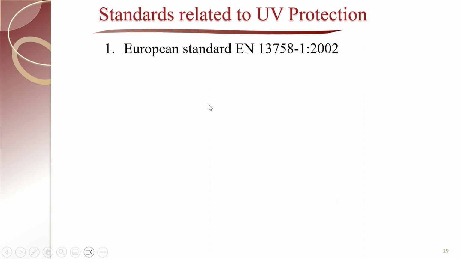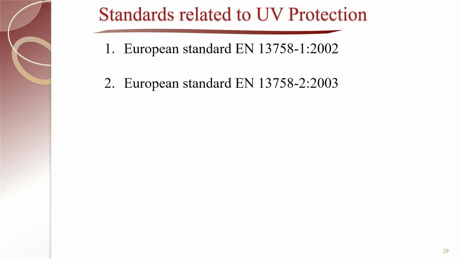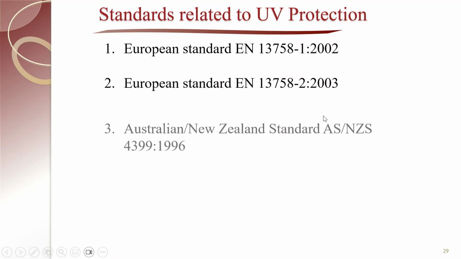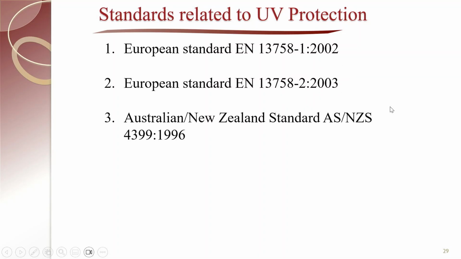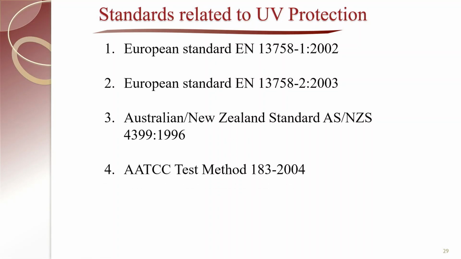And there are different standards like the European standard EN 13758, another European standard EN 13751, which in 2003 has been modified, the Australian and New Zealand standard, AATCC, and the ASTM standard ASTM D6603.